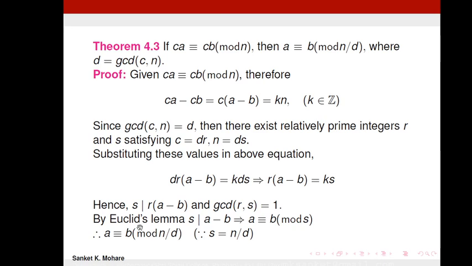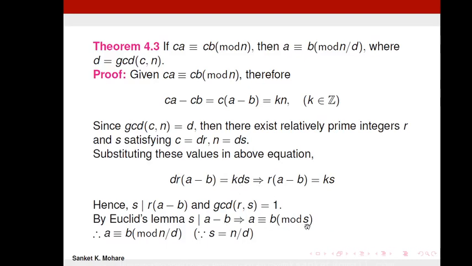So by Euclid's lemma, which says that if A divides the product BC and GCD of A comma B is equal to 1, then A divides C. Here GCD of S comma R is 1, so S divides A minus B, and this implies A is congruent to B modulo S by definition.